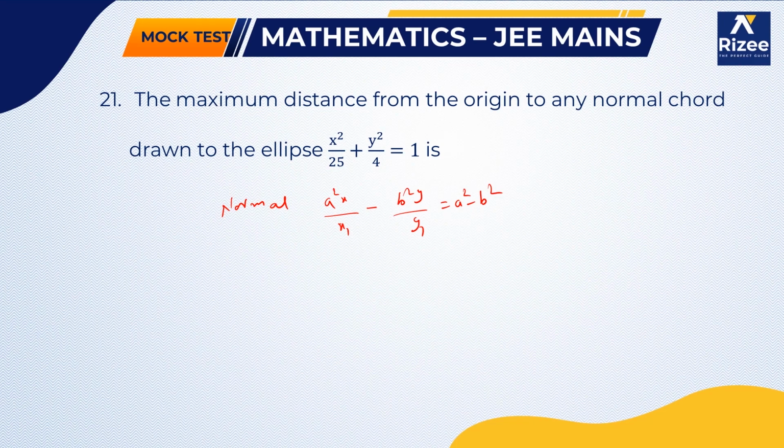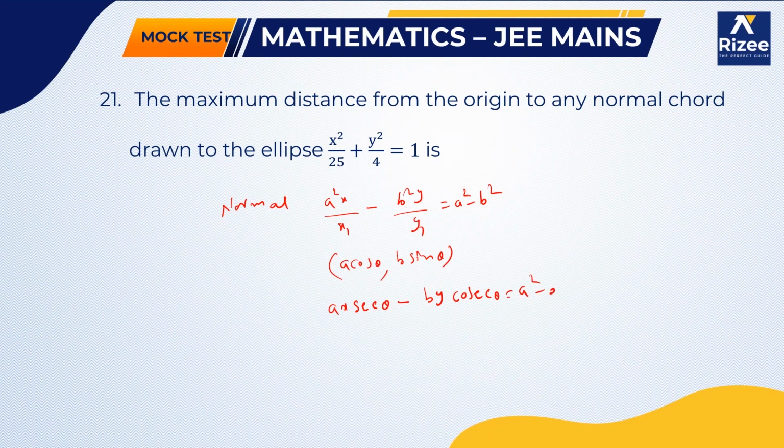I am solving this equation. The point is a cos theta comma b sin theta, this is the point x1 comma y1 that satisfies the normal equation. So simply we can write a x secant theta minus b y cosecant theta is equal to a square minus b square. He is asking the distance from the origin.